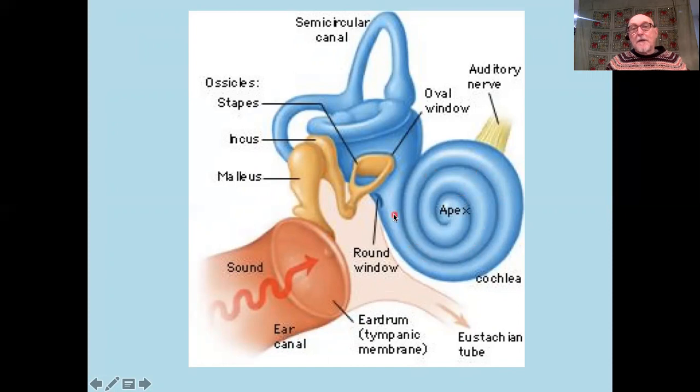So as you age, and especially if you're exposed to high noise levels, this part here receives the highest energy wave formations, and this part here tends to wear out more quickly than the rest of the sound mechanisms in the cochlea, and we'll talk about that in a while.